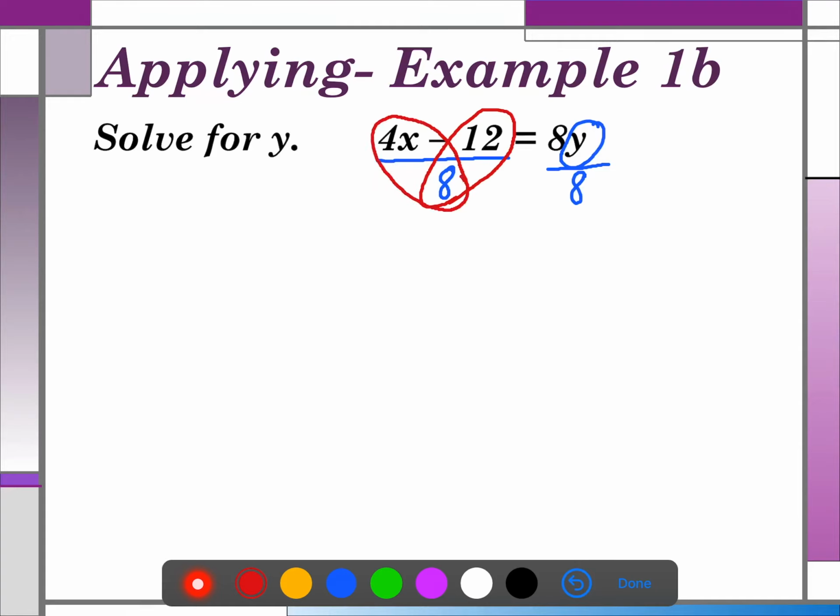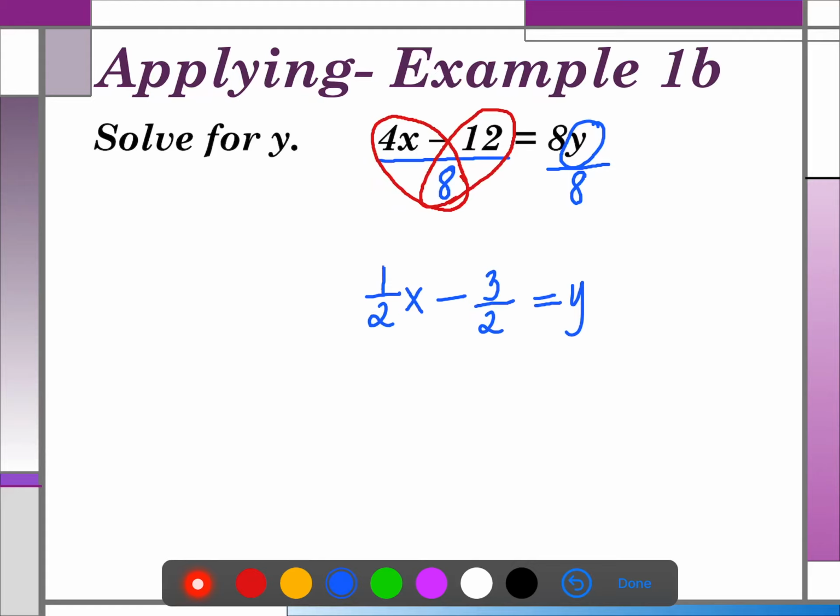Okay, so while this one may not necessarily divide evenly, you can certainly reduce. Okay, so 4 over 8 would reduce to 1/2. So this would be 1/2 x. And 12 over 8, if we reduce them both by 4, would be 3 over 2.